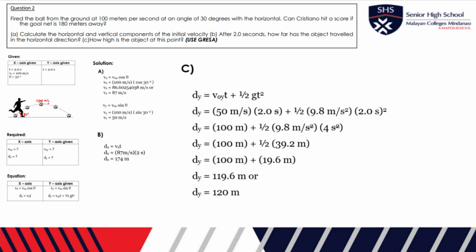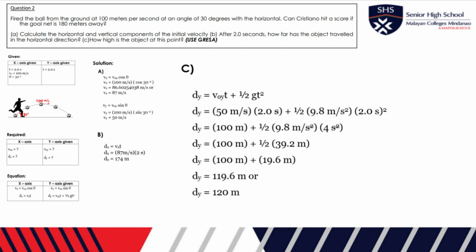Now let us have letter C. How high is the object at this point? We need the equation d sub y is equivalent to initial velocity in the y-axis multiplied by time plus 1/2 multiplied by the acceleration of gravity multiplied by time squared.